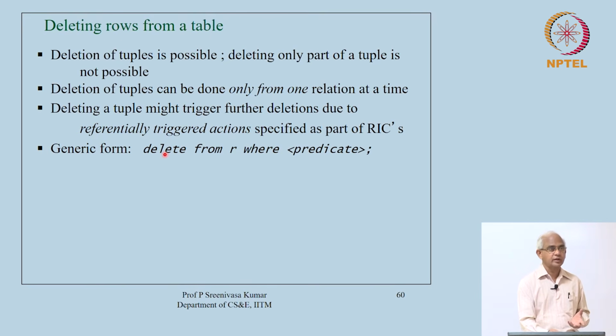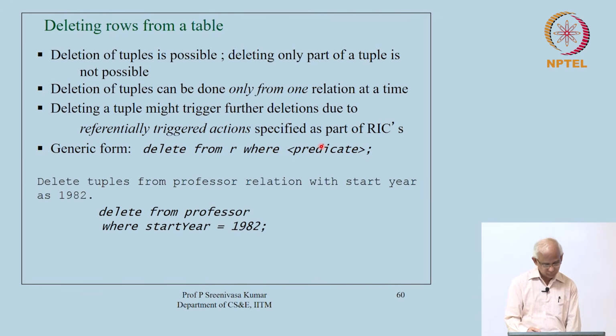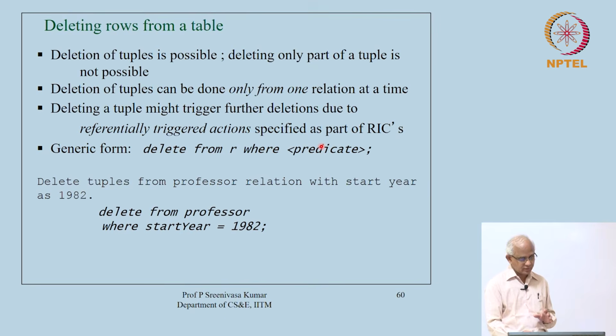So, the generic form for deleting a row is delete from the table name where predicates. All those rows that satisfy these predicates will be deleted. Here is an example. People have retired. So, delete tuples from the professor relation with start year as 1982.